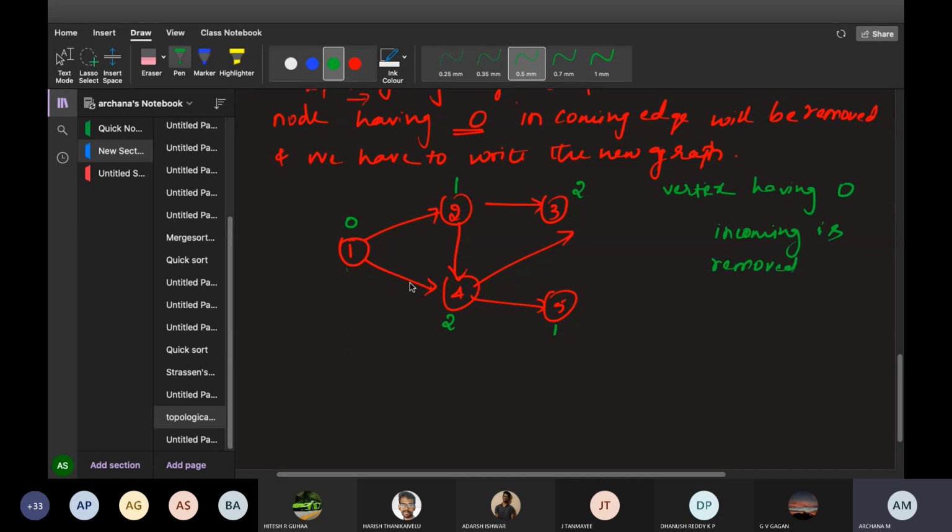Now 1 should be removed from the graph. Remove 1. As soon as you remove 1, what happens? This whole part of the graph will be removed. Now what is the remaining part of the graph?